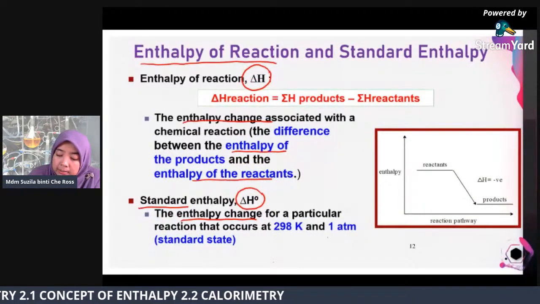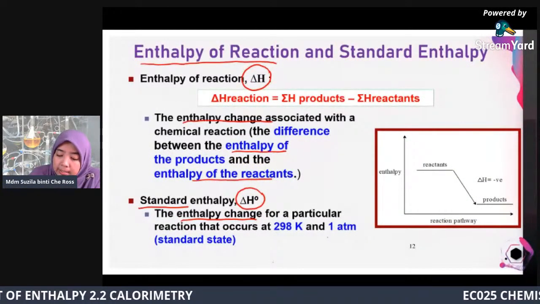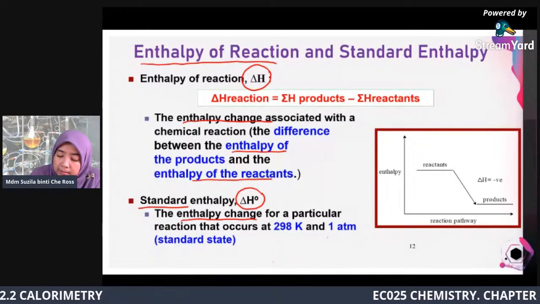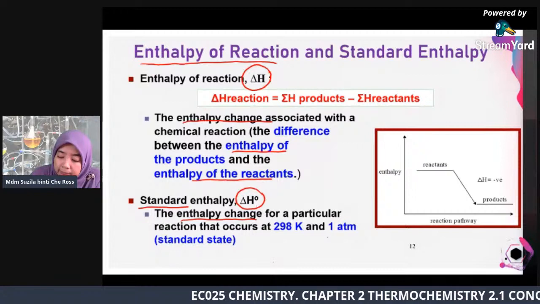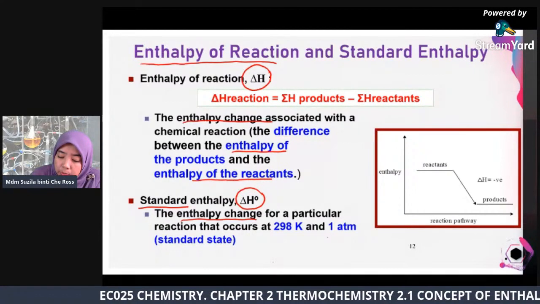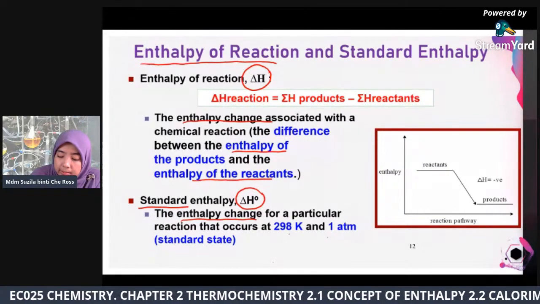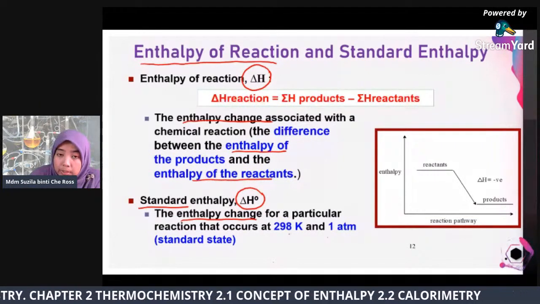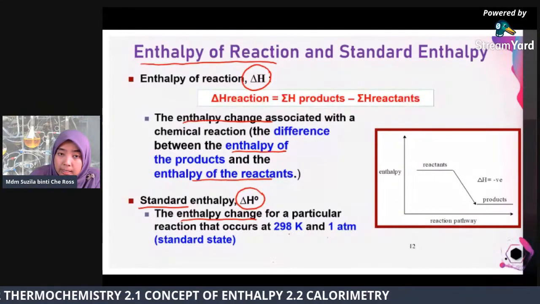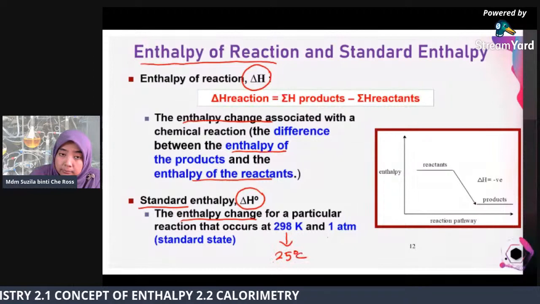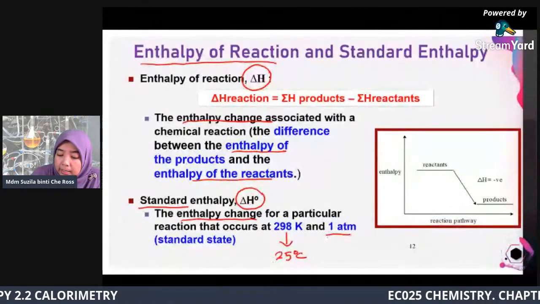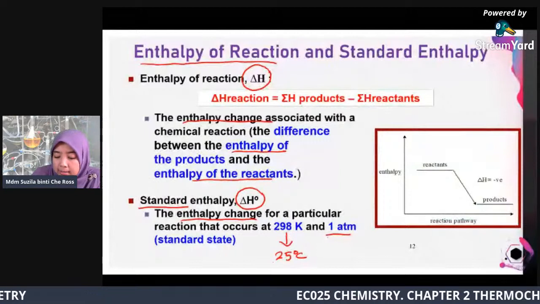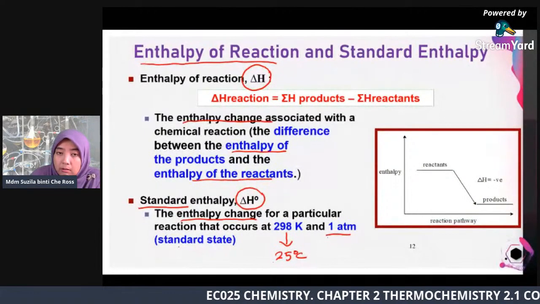The difference is the enthalpy change at standard condition, meaning the reaction occurs at 298 Kelvin, which is equal to 25 degrees Celsius, and 1 atm. So 298 Kelvin and 1 atm, we also call the standard state or standard condition.